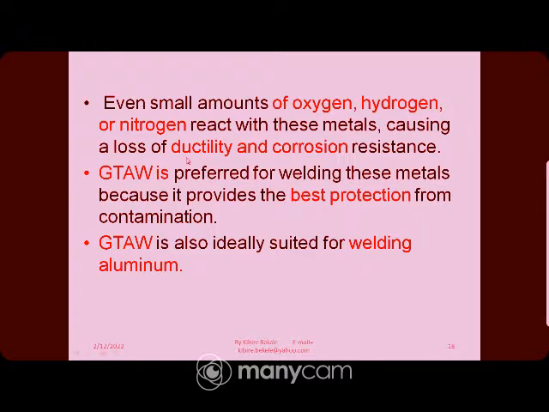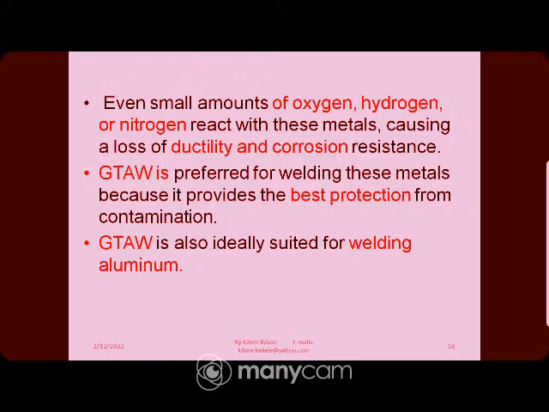When we are welding reactive metals, small amounts of these elements can affect the ductility and corrosion resistance, and the quality of the joint. Gas tungsten arc welding is preferred for welding these metals because it provides the best protection from contamination. Because of the inert gas, it can fully protect from the air contamination.